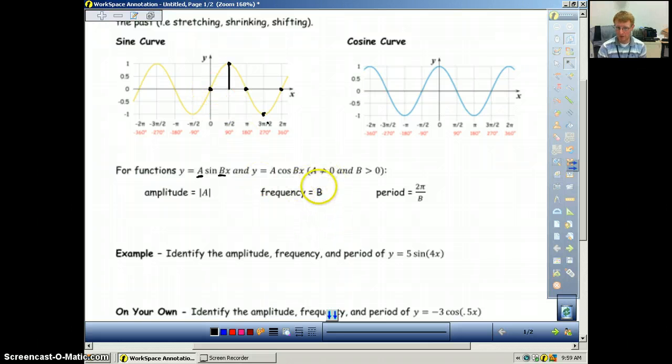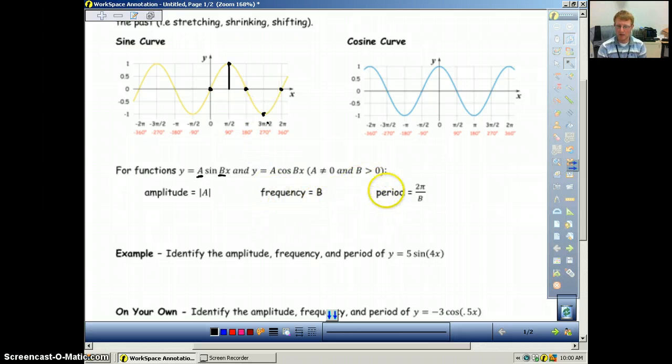The frequency is the number of times that you see that function go through a cycle within a 2 pi period. So if the frequency is 2, it means that instead of seeing it go up, down, up in 2 pi, you would see it go up, down, up twice in 2 pi. Basically it would go through 2 full cycles before you got to 2 pi. We'll get into that in a little bit.